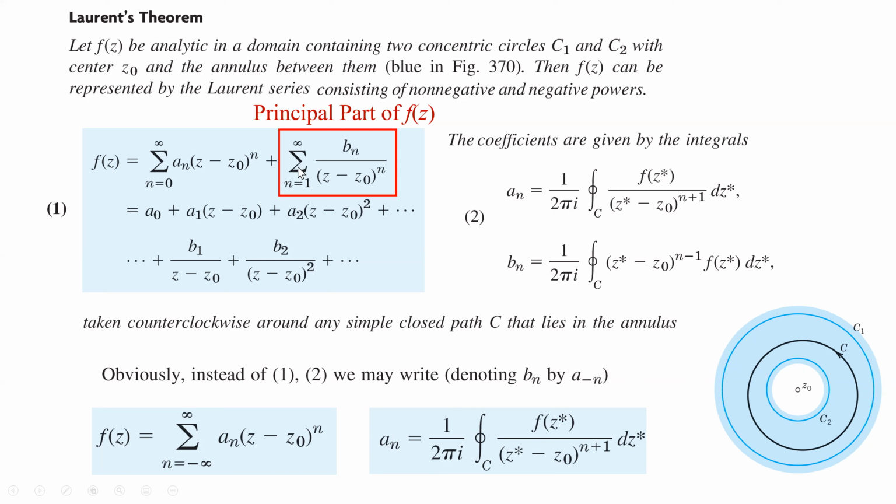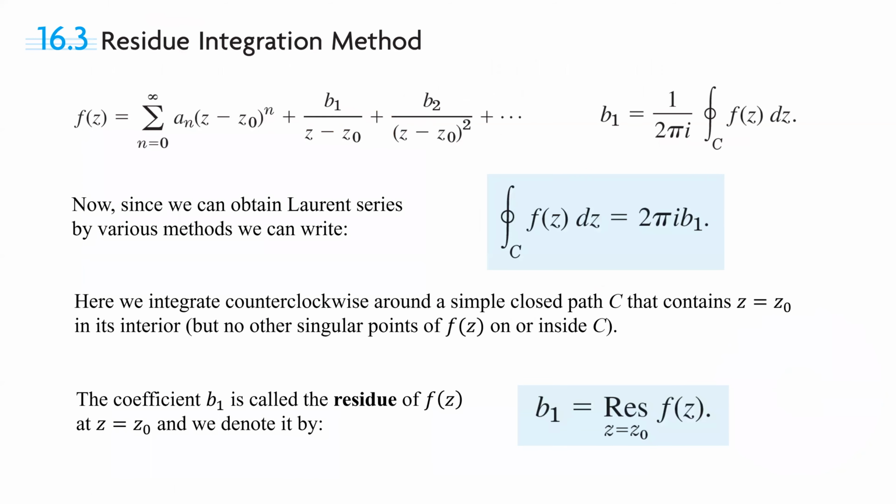So it means that with all these n and infinitely many terms that we have, only one of the coefficients is important, which is b_1. And that is called the residue of f(z) at z equal to z naught. And we can write the integral of f(z) dz only in terms of that residue, 2 pi i times b_1. That, of course, is when z naught, which is the center of expansion of the series, is inside this closed path.